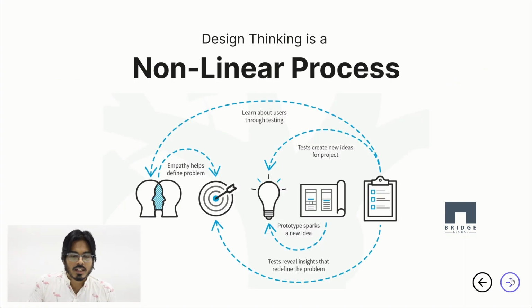And why is it important? Design thinking is different from other ideation processes because it's solution based and human centric rather than problem based. So what happens is, when a product owner says that I am going to solve this problem, he might not actually know whether this problem is something which needs to be solved, or whether there are other problems or other solutions for this particular problem, or whether this is something which the user wants.